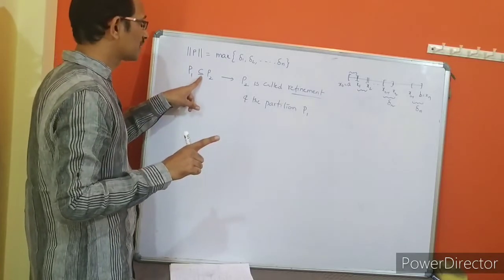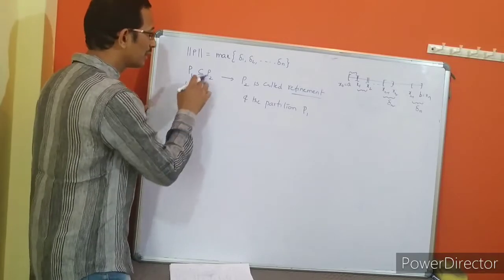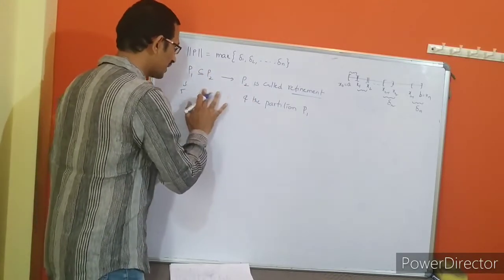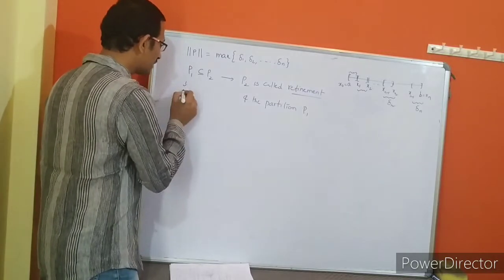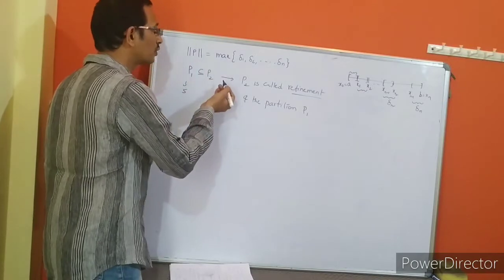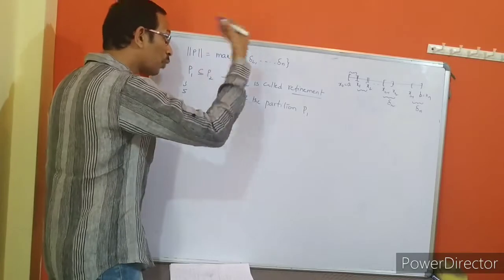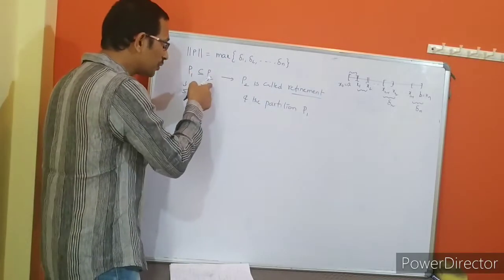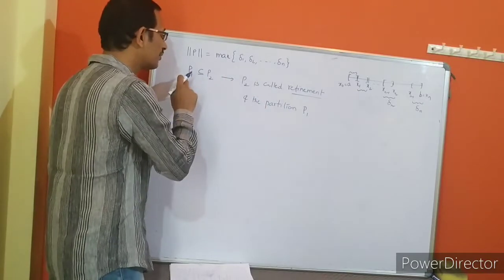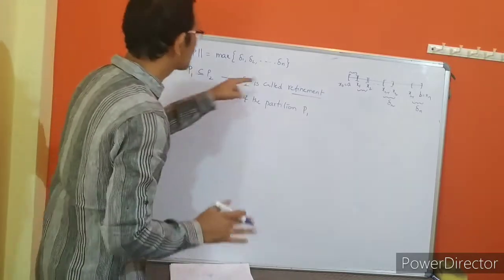Remember, subset doesn't mean that P1 has 5 points and P2 has 10 unrelated points, then P2 cannot be called a refinement. Whatever 5 points P1 contains, the same 5 points are also in P2, but P2 has some more extra points than P1, which are not in P1. Then P1 is a subset of P2, and in that case P2 is a refinement.